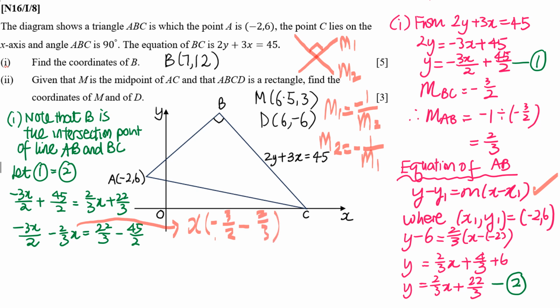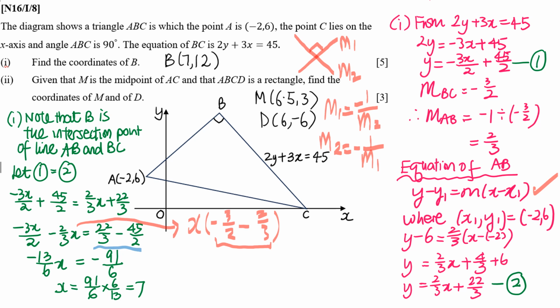You can just use a calculator to work that out, and that comes out to be negative 13 over 6 x. Likewise, you can use a calculator to work this out to get negative 91 over 6. Then you have negative on both sides, so just multiply by negative 1 on both sides. That will give you 13 over 6 x equals 91 over 6.